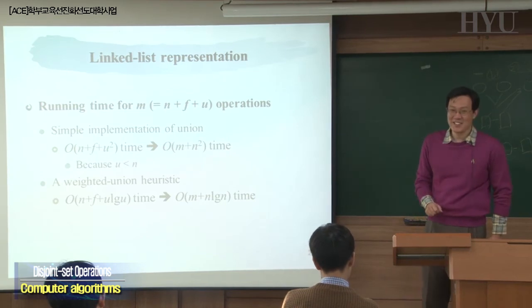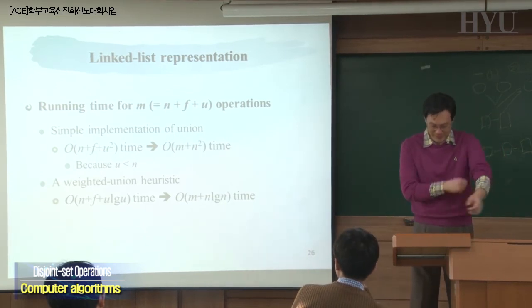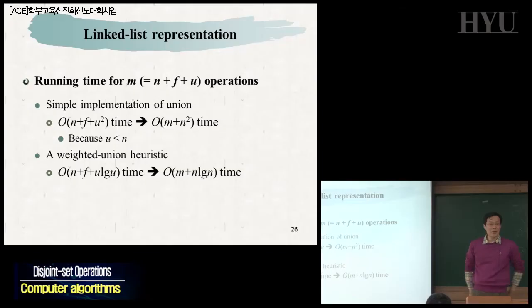You can guess. When we perform the union operations, we attach the short list to the long list. Then we can reduce the number of pointer changes during the union. Okay? It's very intuitive.